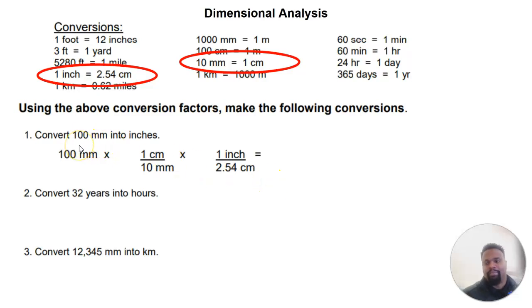So basically, if I had to condense the explanation, you're multiplying the numerators together and you're multiplying your denominators together. You're doing 100 times 1 times 1, which is 100, and then you're doing 10 times 2.54, which is 25.4.